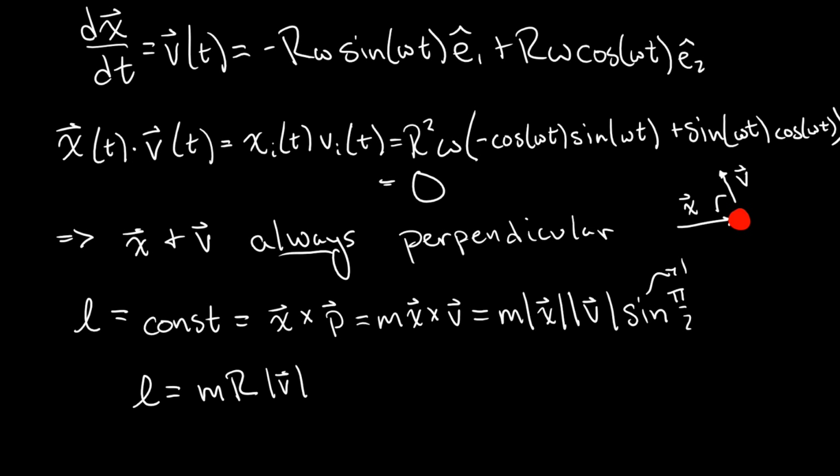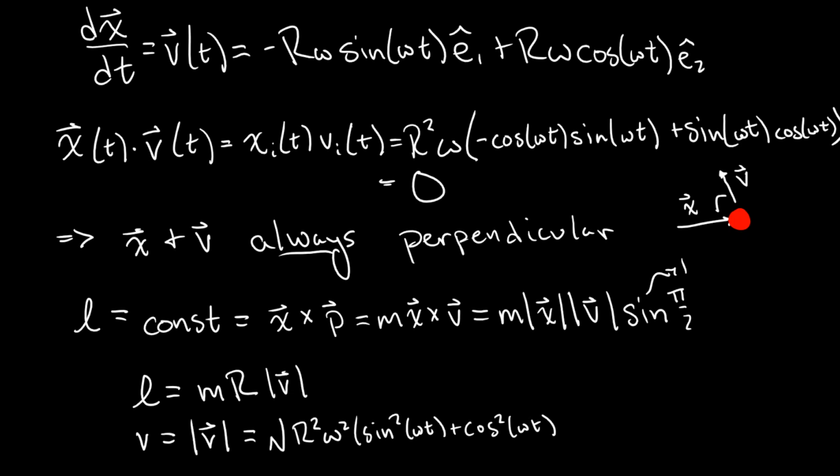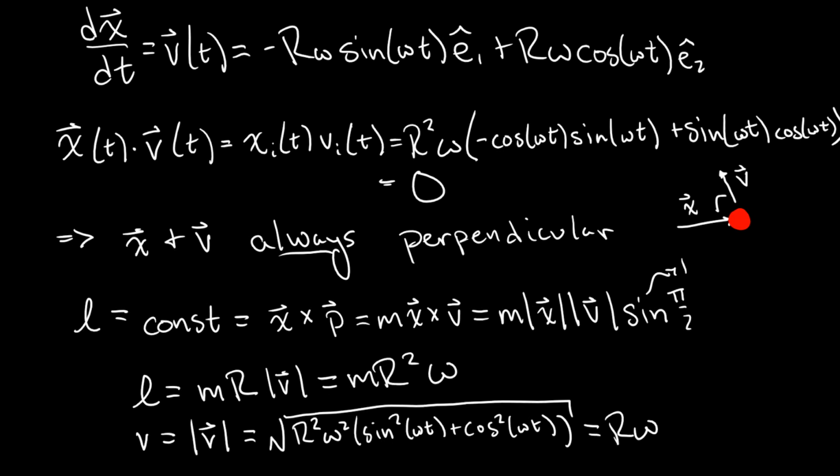So L is equal to m times the magnitude of x, which is just r, times the magnitude of v. Well, it's not super hard to show that the magnitude of v, which I'll just call little v, is the square root of r squared omega squared times sine squared omega t plus cosine squared omega t, which is just r omega. So this is equal to m r squared omega.